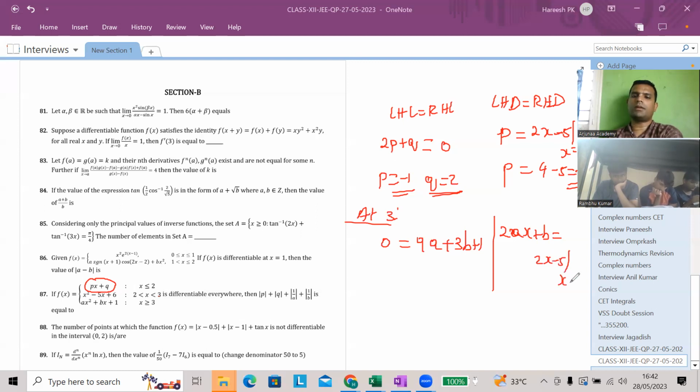Put x equal to 3 everywhere. 1 is equal to 6a plus b. So you have two equations here and two unknowns. So quickly, can you solve and tell me? Multiply this by 3, then subtract.